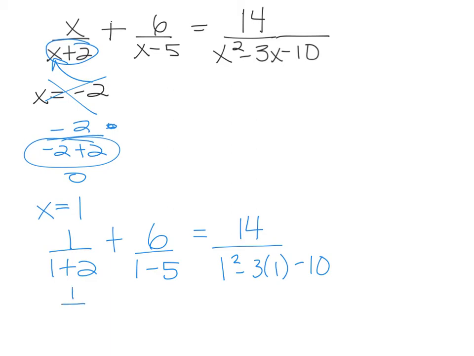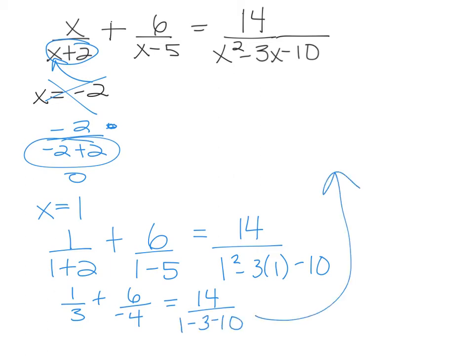This gives me 1/3 plus 6 over negative 4 equals 14 over 1 minus 3 minus 10. I get 1/3 plus 6/4, which is the same as 3/2, and it's negative because the 4 on bottom is negative.